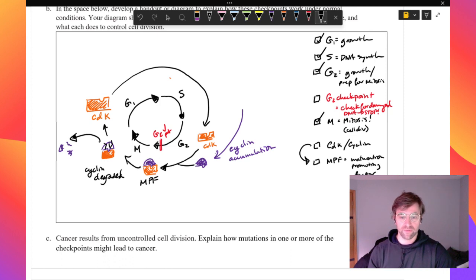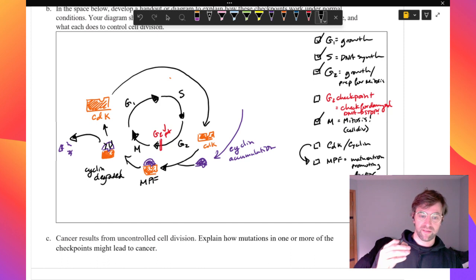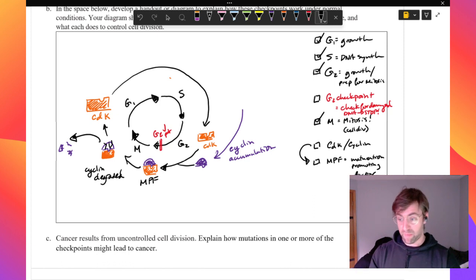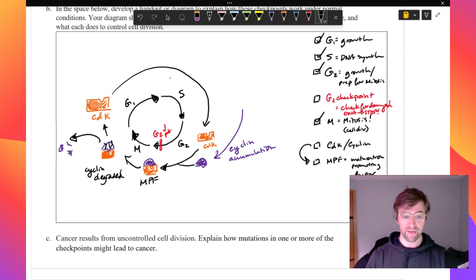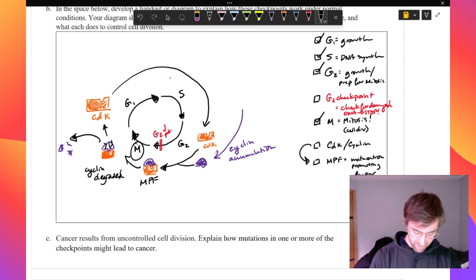As we're looking at this clock diagram, it's kind of important to think about the relative concentrations of these regulatory subunits, this cyclin concentration and CDK and MPF relative to each other, right? We can talk about MPF in terms of its activity, right? Its activity is going to be highest during mitosis when cell division is occurring.